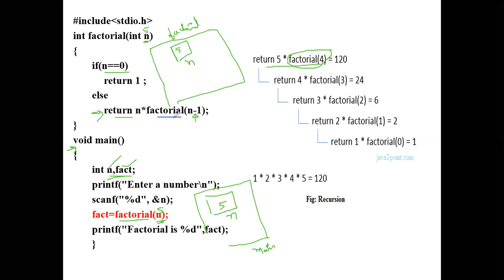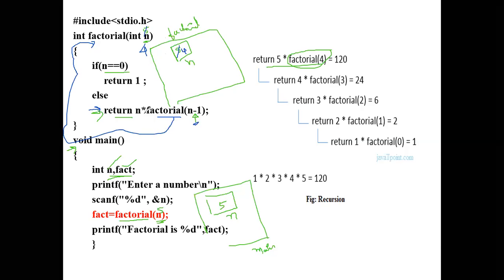The control again returns to the function definition here. Now what is the value of n? We are passing it as 4, so the value of n is now 4. To check whether 4 is equal to 0, the condition fails, so it will go to the else part.